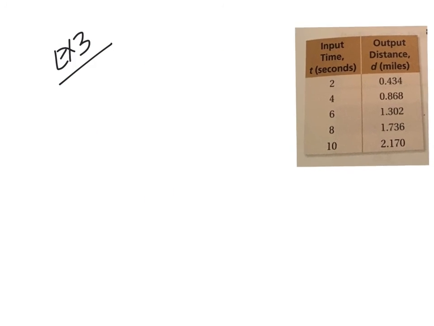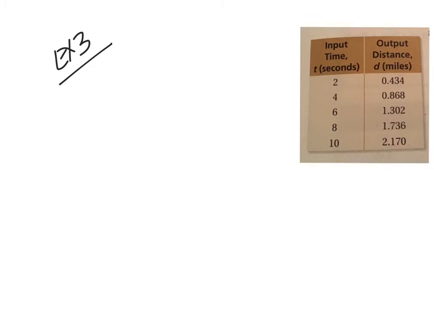All right, so here's our data table for the speed of sound waves in dry air at 86 degrees Fahrenheit. Which of the following is true? Oh, I guess I'll take another picture of this.